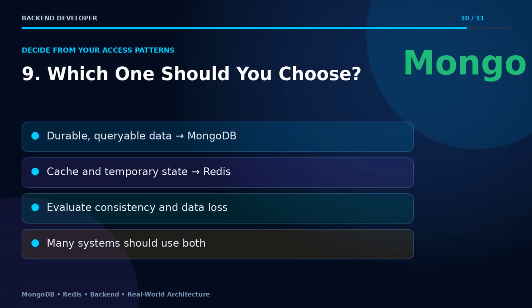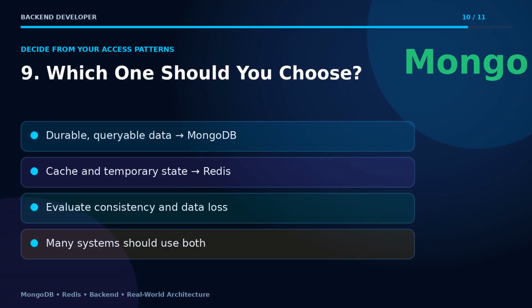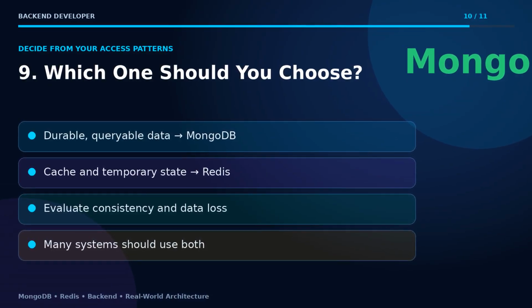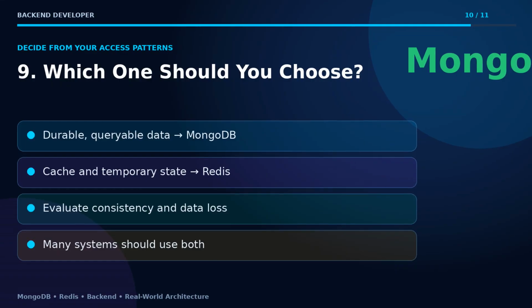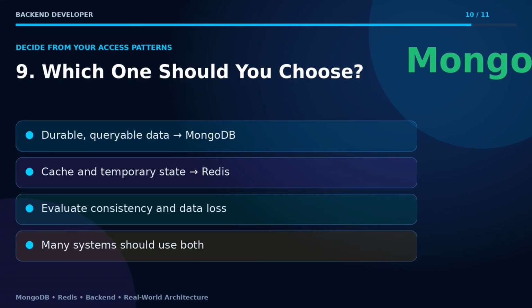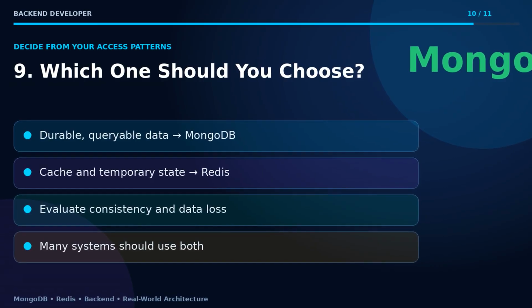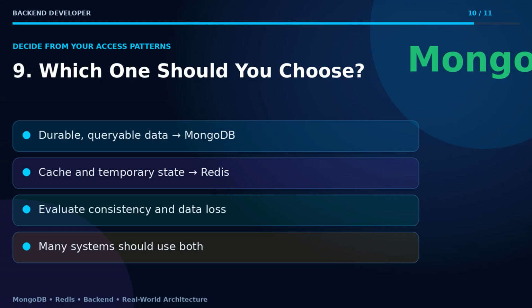So which one should you choose? MongoDB is the natural option when you need flexible documents, durable primary data, expressive filtering, aggregation, transactions, and large datasets. Redis stands out when you need extremely fast key access, caching, sessions, rate limiting, counters, leaderboards, distributed locks, or temporary data.